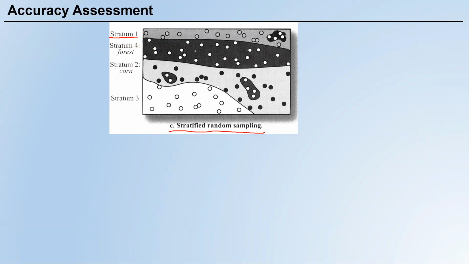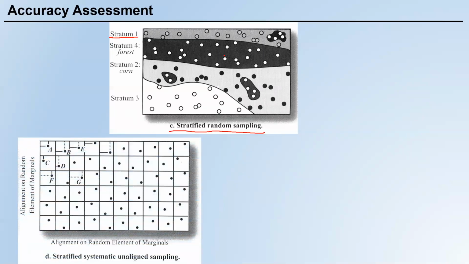You can say this black area is forest, and a forest also exists in cornfield, right? Here we have 2 black patches, and also in stratum 1, I'm not sure the land cover type here, but within each stratum, we sample some points, we sample some pixels. It makes sure that all stratums are well represented by your samples. That's stratified random sampling, okay?